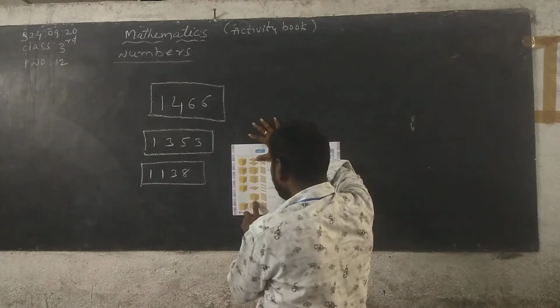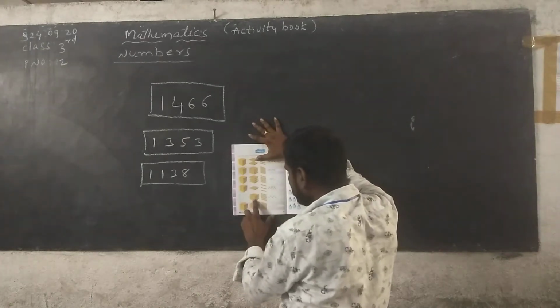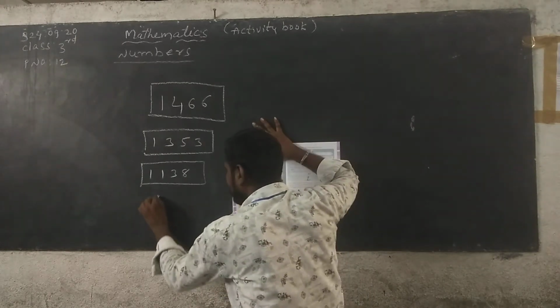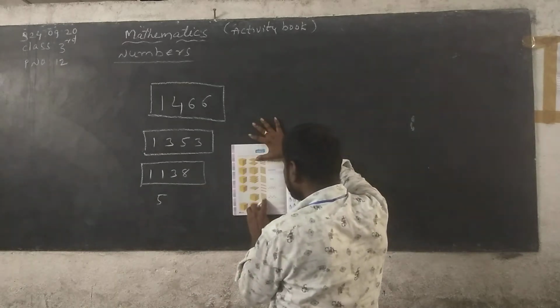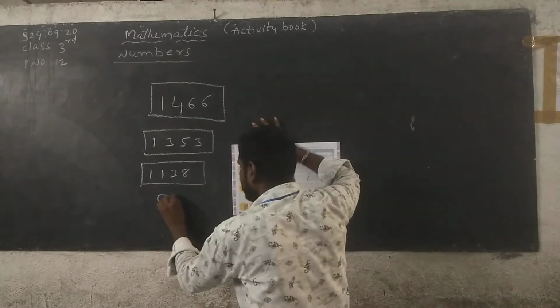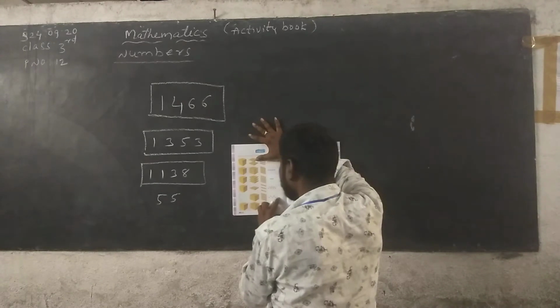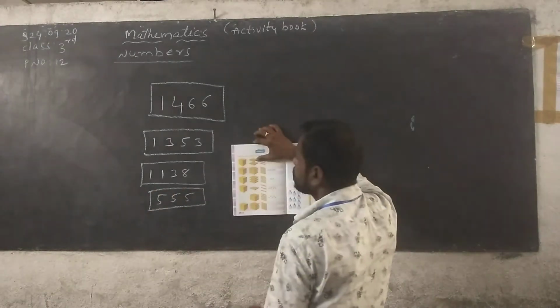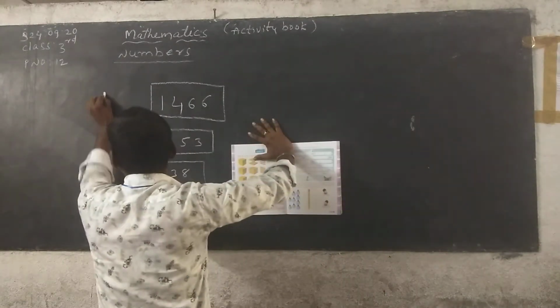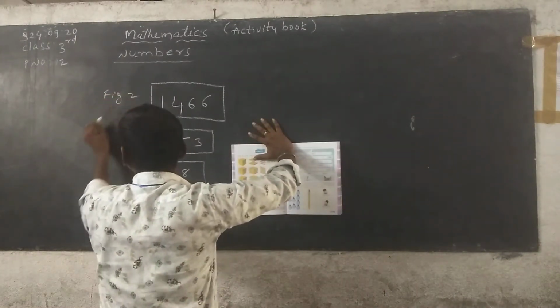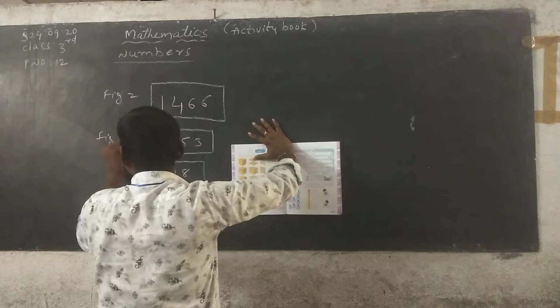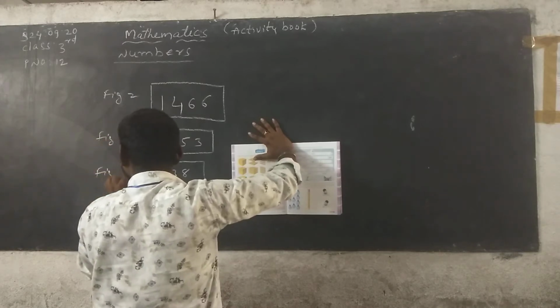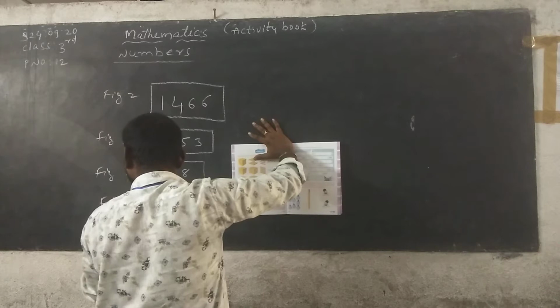Now here there is no thousands place. So here in hundreds place 1, 2, 3, 4, 5. Tens place 1, 2, 3, 4, 5. Ones place 1, 2, 3, 4, 5. 555. So this is figure 2, figure 3, figure 4, figure 5.